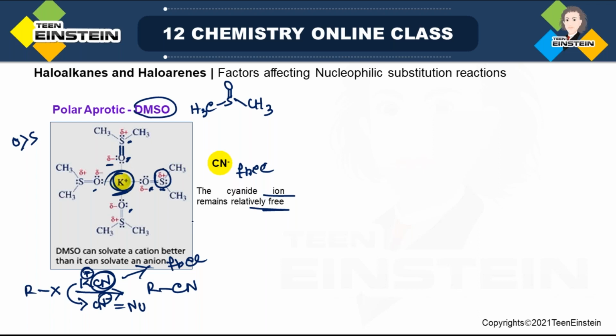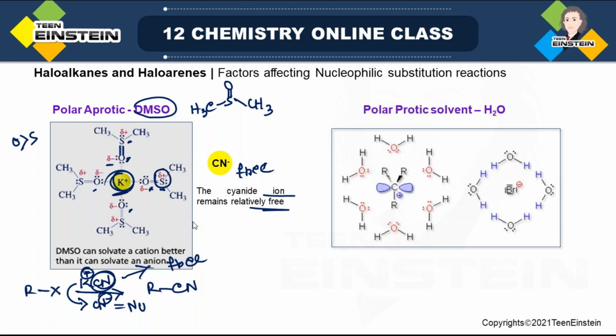But when it is a polar protic solvent, for example, if you have taken water, now you can see R3X, if it is broken and if it is SN1, you will want this to be stabilized, and it is getting stabilization from the oxygen side of water molecules.